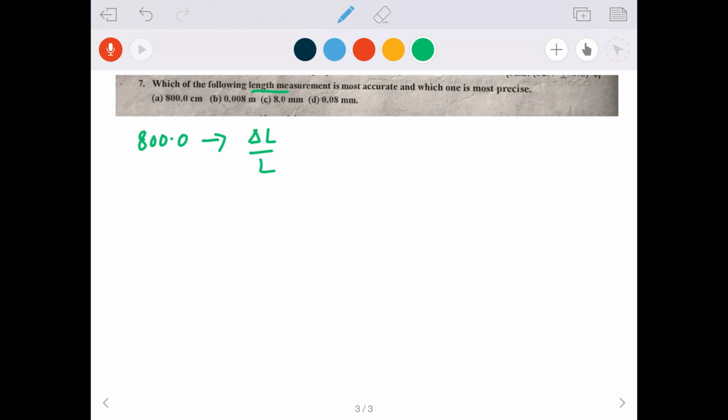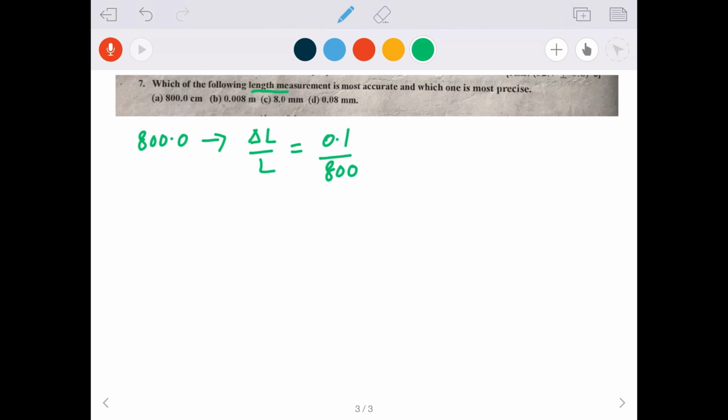So delta L by L I am writing as 0.1 divided by 800. L is 800. So why 0.1? Because after the decimal we have only one value, which is given as the precision. So 0.1 divided by 800.